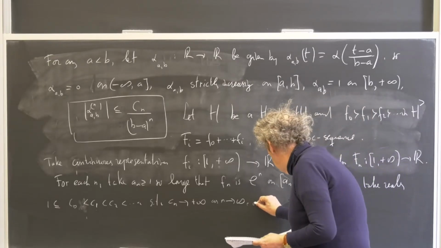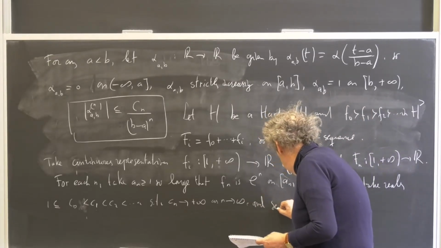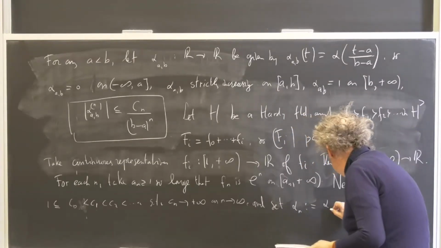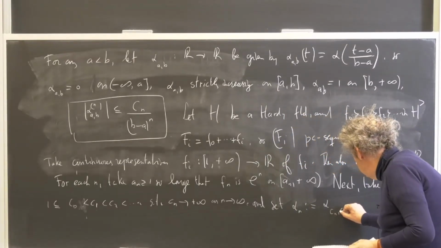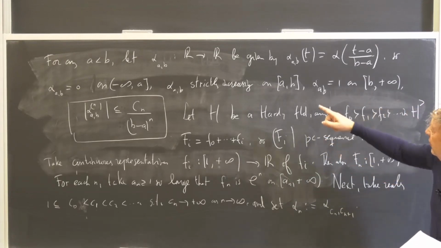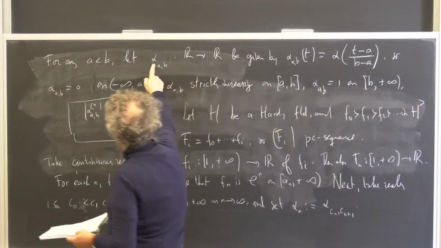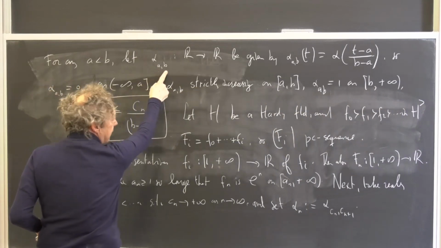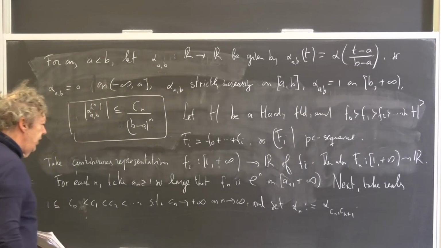Define alpha n to be alpha with Cn plus 1. In other words, we apply this construction now with A equals Cn and B equals Cn plus 1.